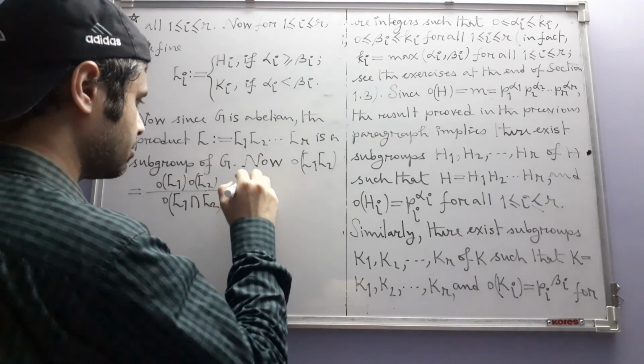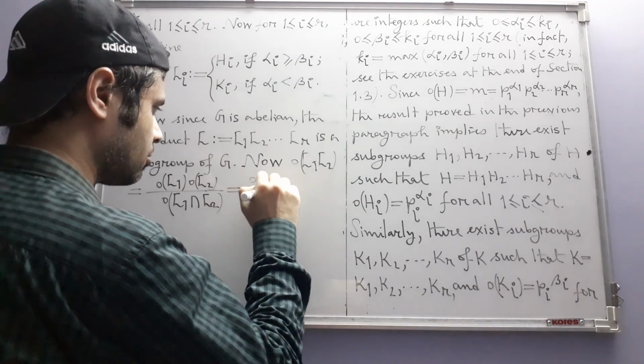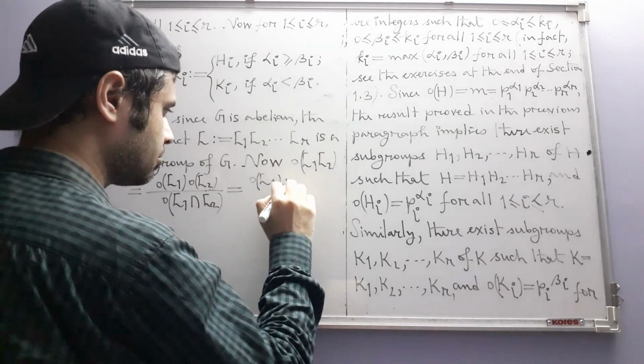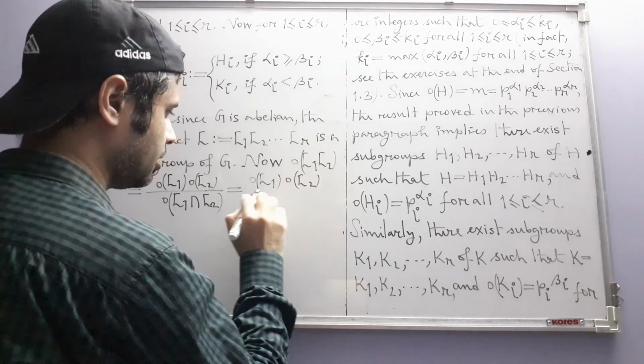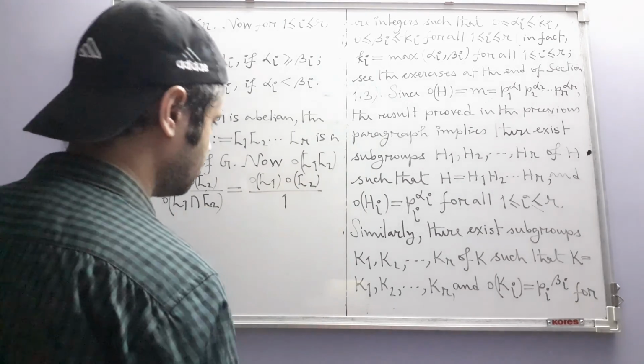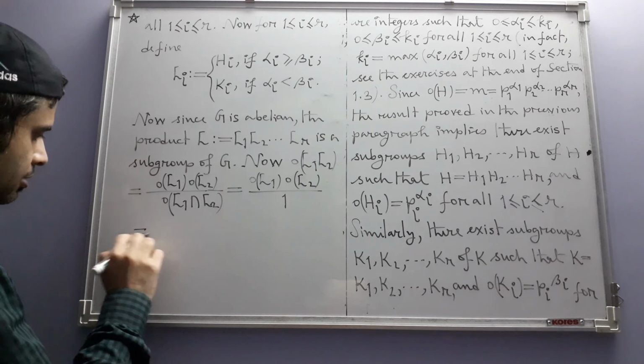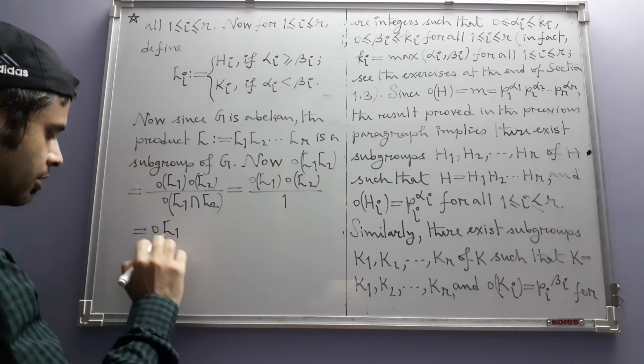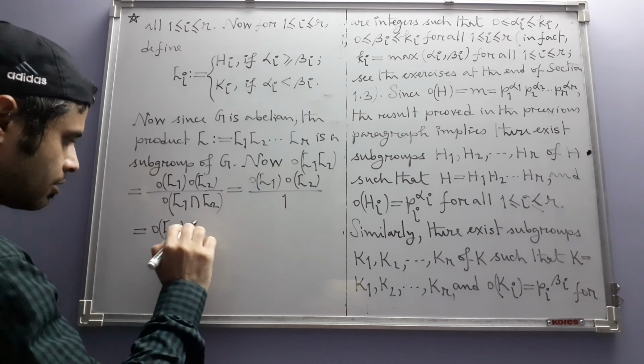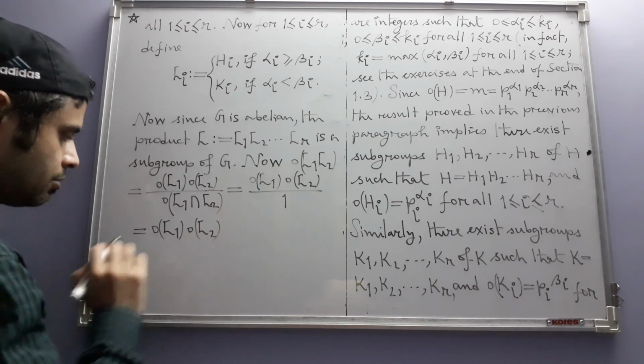So this is equal to order of L1, L2 divided by 1. So that is equal to order of L1 times order of L2.